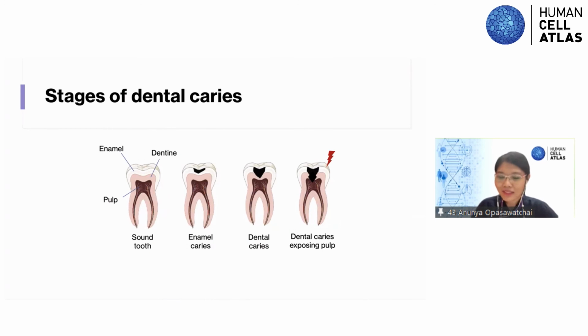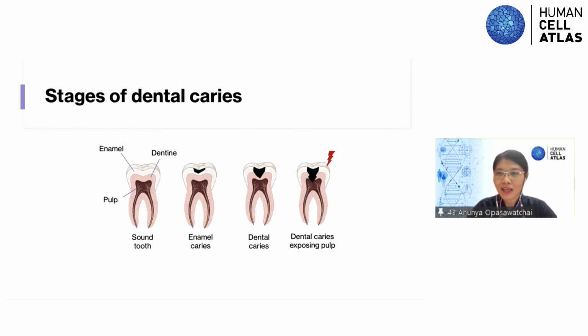So let me start with a brief introduction of the biology of the teeth. The teeth are an interesting part of the human body because they are comprised of hard tissue, which are enamel and dentine, that encapsulate the soft and cellular part, which is called dental pulp.